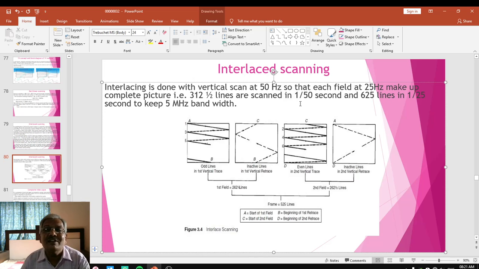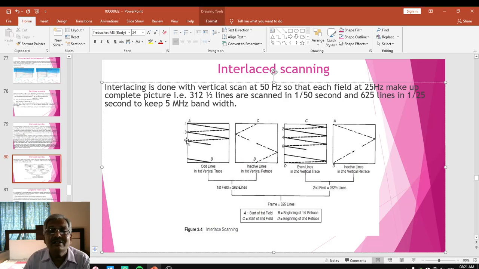The same is represented here. Look at here. In this particular frame, only odd number of lines are represented. The odd field begins from the left of the top of the screen. First the trace is produced, then it goes to the right, and the retrace is generated.